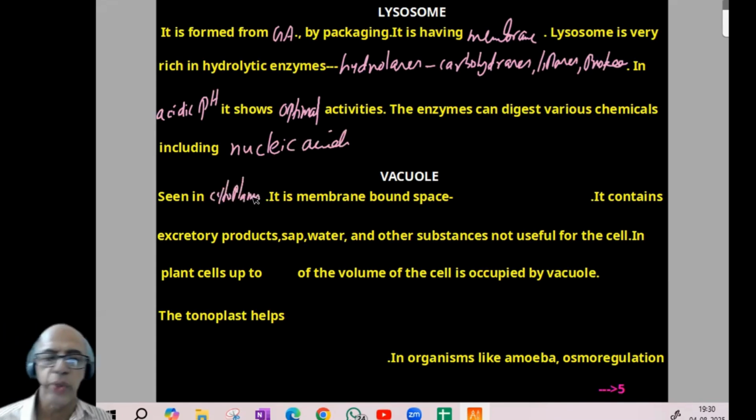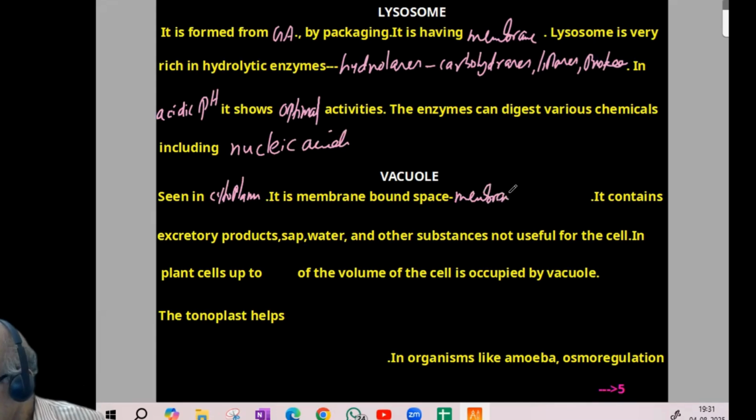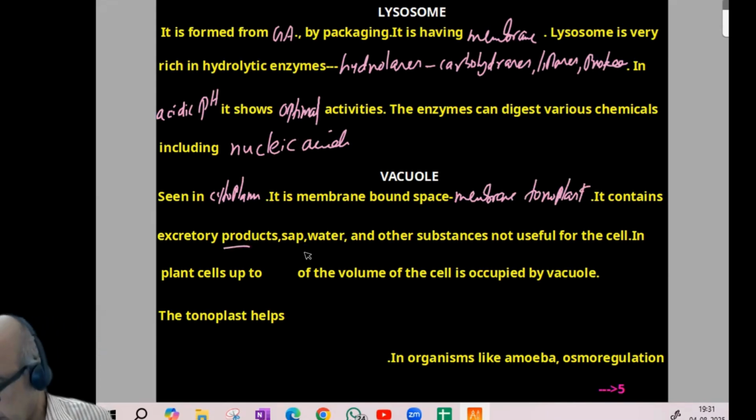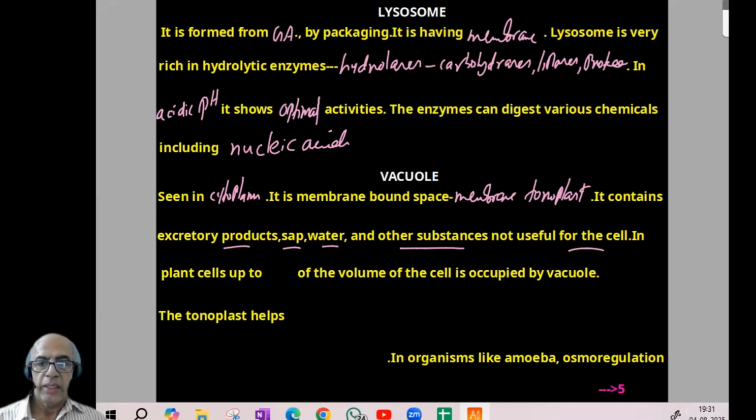Now comes the term vacuole, seen in the cytoplasm. It is a membrane-bound space. The membrane is called tonoplast, another important question. The vacuolar membrane is called tonoplast. It contains sap, water, excretory products and other substances not useful for the cell. In plant cells, up to even 90% of the volume of the cell is occupied by the vacuole, important data.